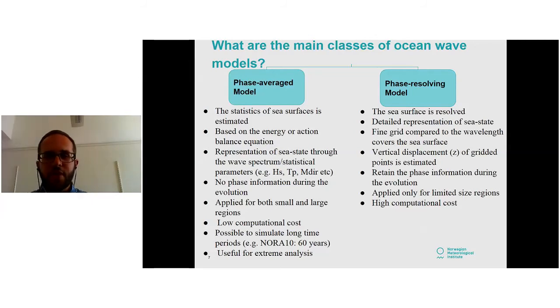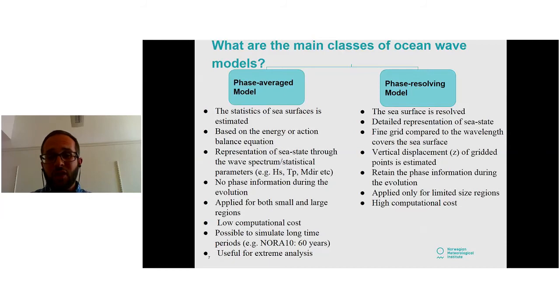On the other hand, we have the phase resolving models. These models resolve the sea surface. They provide a detailed representation of the sea state, having a fine grid compared to the wavelength that covers the sea surface. They estimate the vertical displacement of the grid point, and the phase information is retained during the evolution.